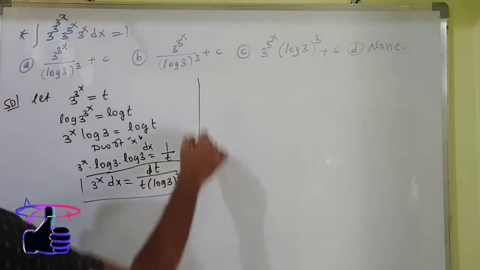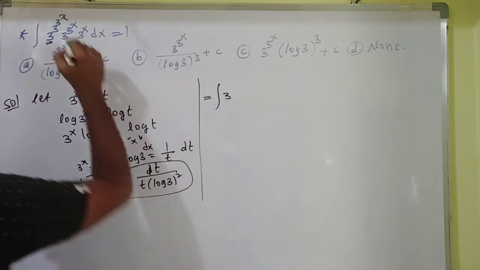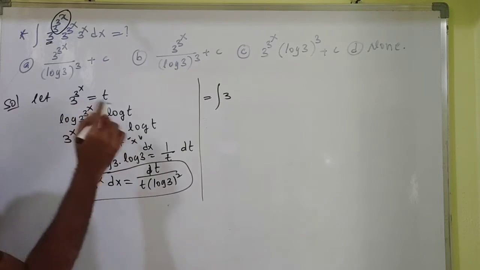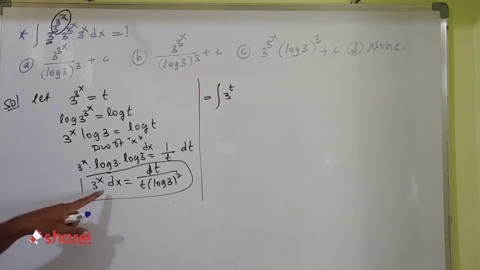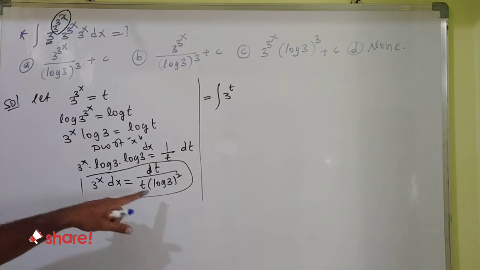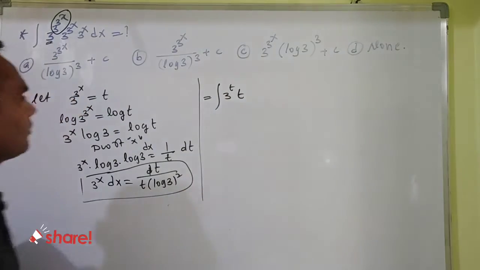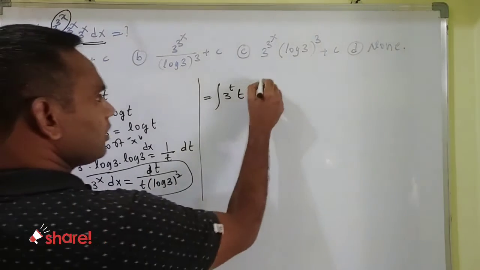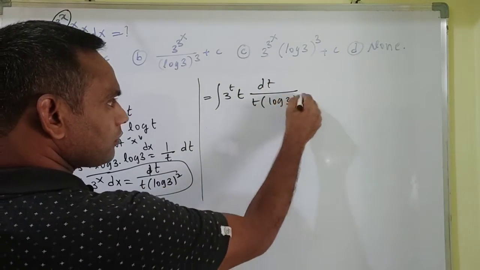Now substitute. The integrand 3 to the power of 3 power x is t, and 3 power x dx is dt by t of log 3 whole square.